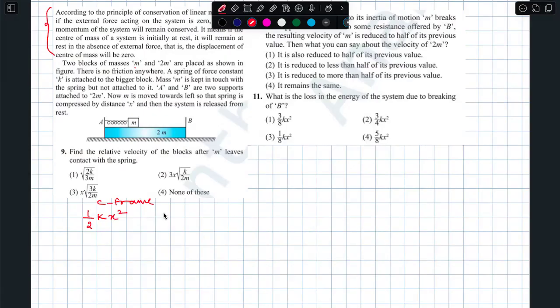By the C frame, this is equal to half into small m into 2 small m by 3 small m into V relative square. Cancel, cancel. V relative is equal to the square root of 3k by 2m times x.